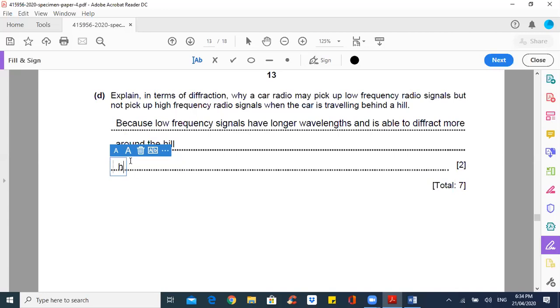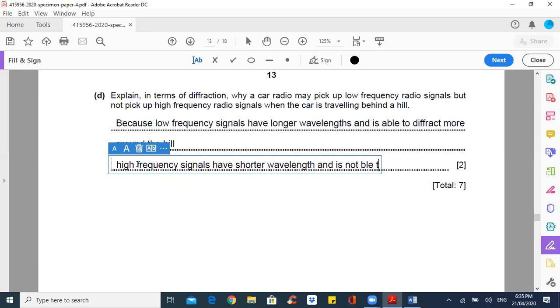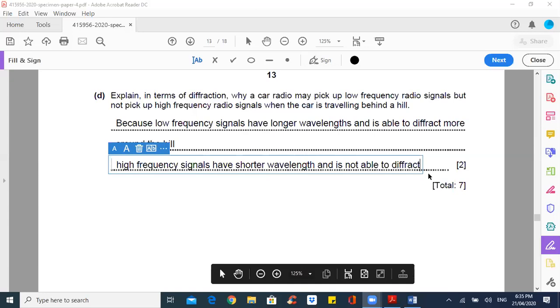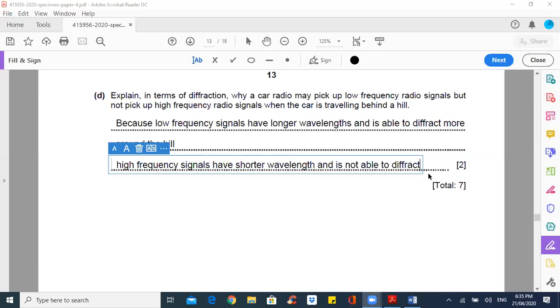High frequency signals have a shorter wavelength and diffract less. Again, simple as that.